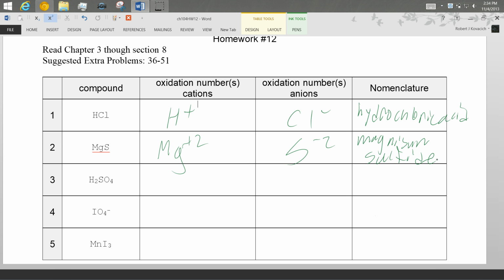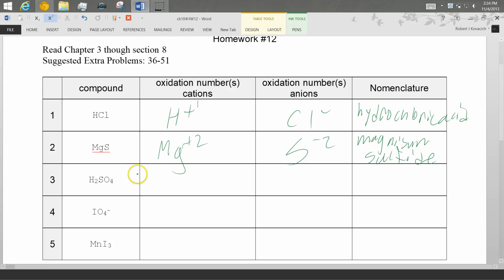Because it's not a polyatomic ion, so it's ide. If it's not a polyatomic ion, it's ide. So if it was an ate or an ite, it would have to be a polyatomic ion, which S isn't, it's just an ion.